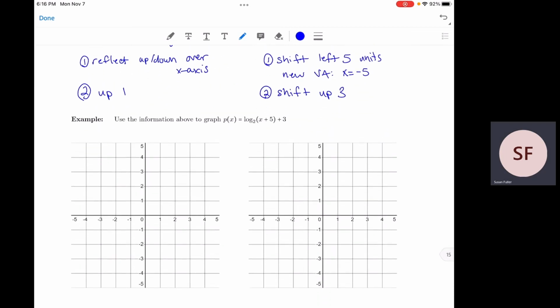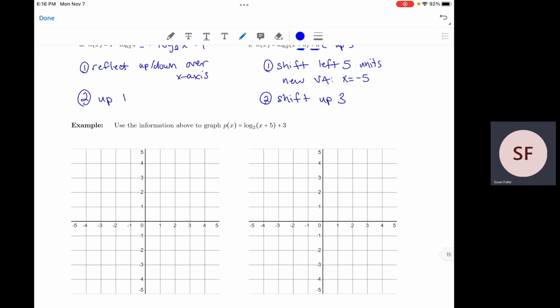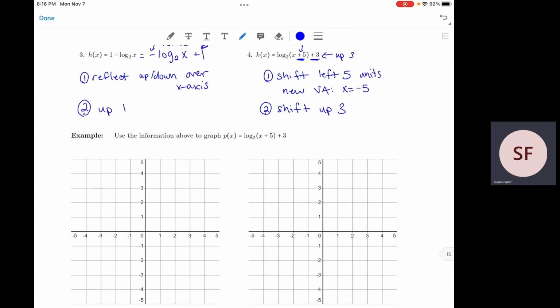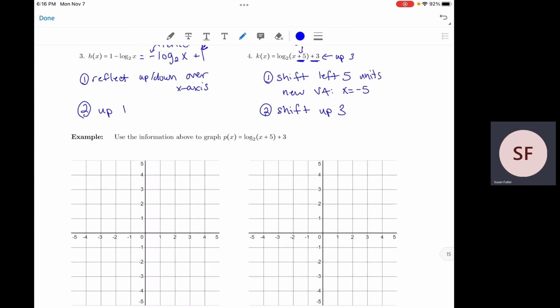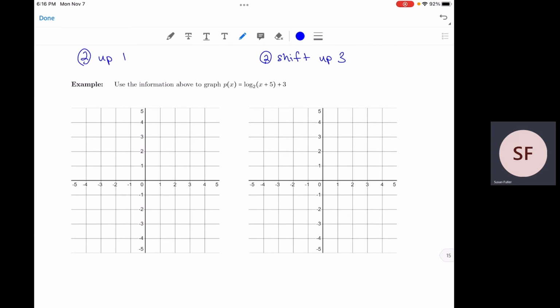Okay, so let's use this information to graph log base 2 of x plus 5, that whole thing plus 3. So this was the last one that we did here. So first we have to figure out what the log base 2 of x graph would look like. So my base here is going to be log base 2 of x.